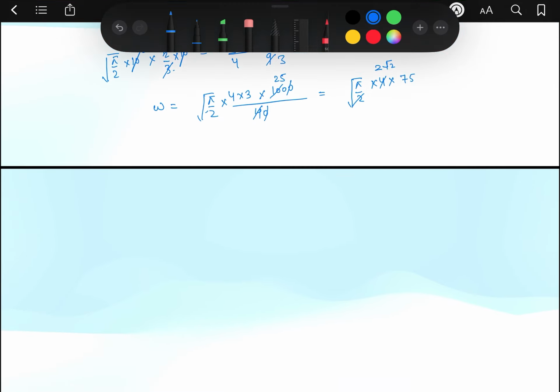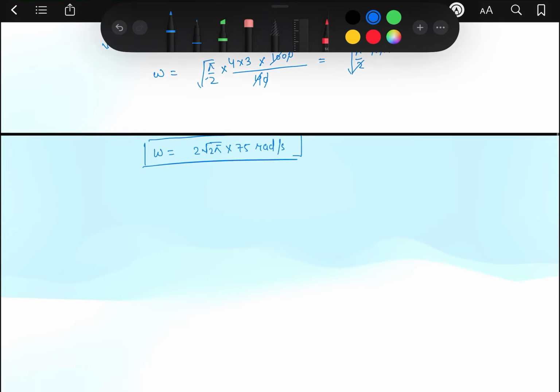Okay, so the value of omega we are getting here is equal to 2 root 2 pi multiply 75 radian per second. So this is the value of omega, the angular velocity with which this coin will start rotating about this axis of diameter.